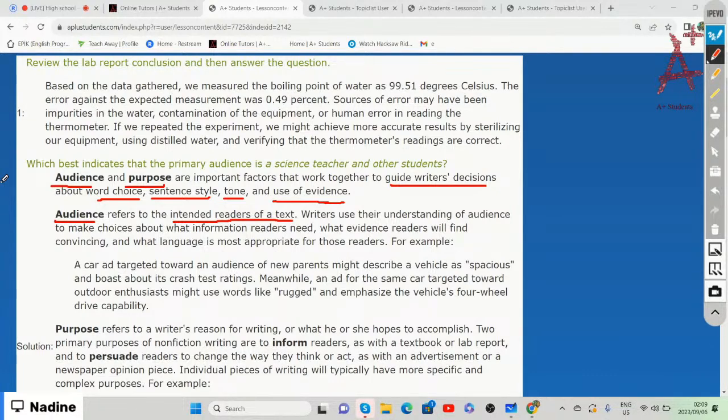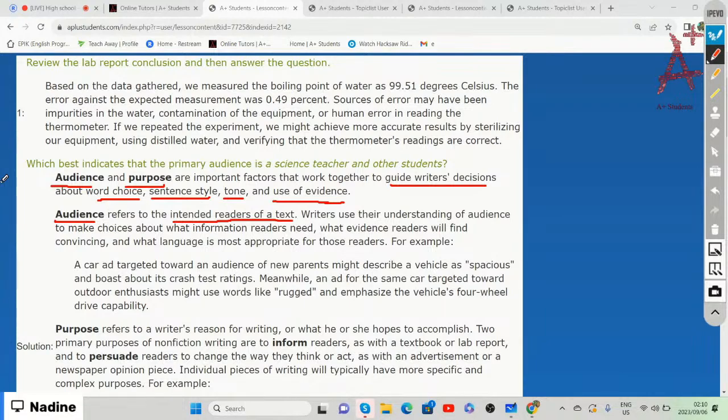So basically, the focus is on the audience. It's like the target.